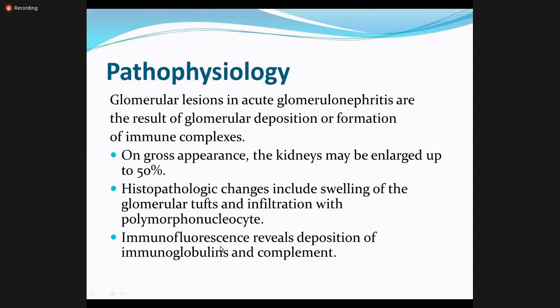Two strains of the streptococcal organism can cause AGN: one secondary to streptococcal throat infection, and the other due to streptococcal skin infection. Skin infection more commonly causes post-streptococcal acute glomerulonephritis.